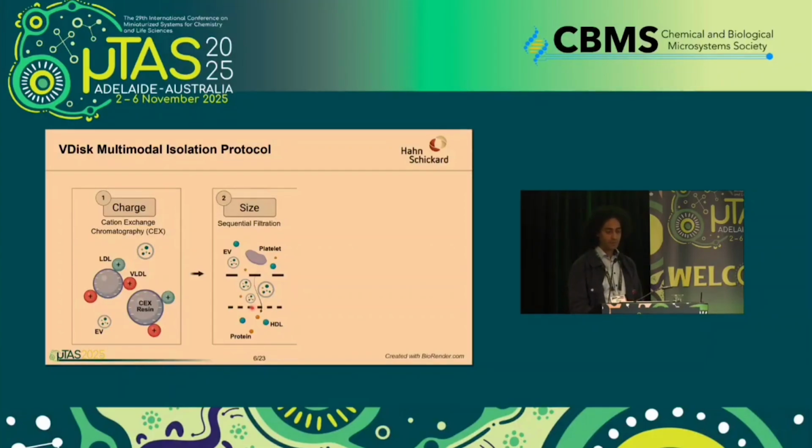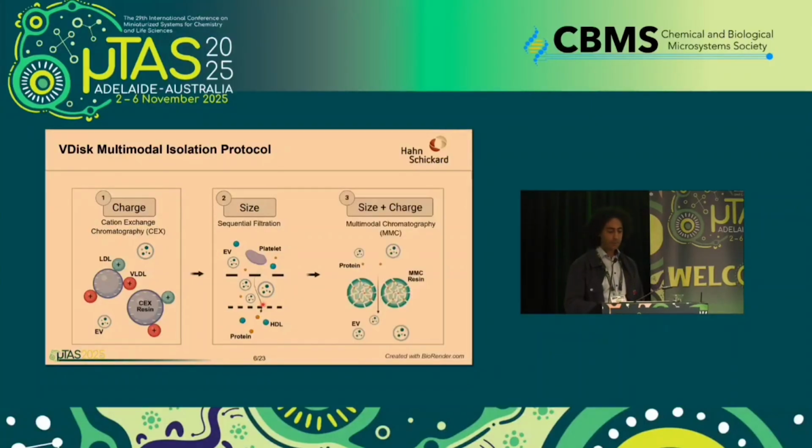However, at some point, a so-called filter cake forms on the second membrane, and that reduces the efficiency of the filtration. Due to that, we normally co-isolate some small particles with the EVs, and that reduces the purity of the sample. So to improve the purity further, we add a third step to our protocol, which is multimodal chromatography, or MMC in short.